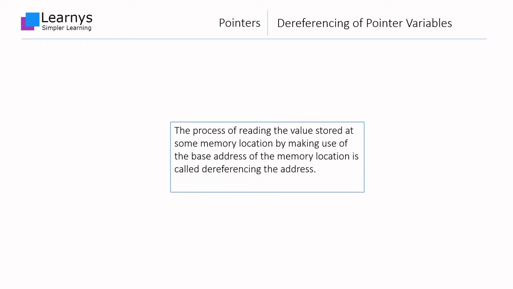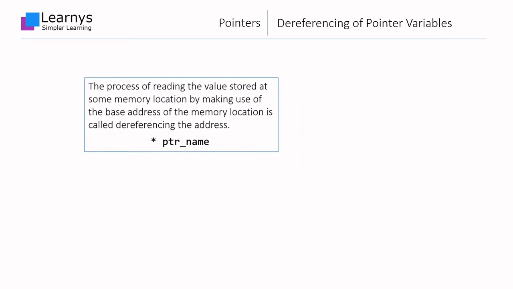When you need to dereference a pointer, you just need to apply this operator over the pointer variable as shown on your screen. In this statement, asterisk is the dereferencing operator and PTR is the name of the pointer variable. Let us understand the functioning of the asterisk or the dereferencing operator through an example.